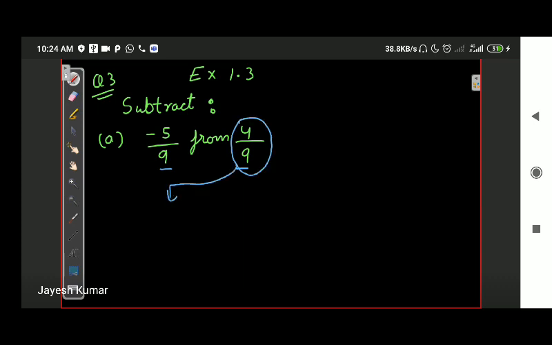So you have 4 by 9 minus, the number before from comes after the sign of negative, minus is the subtraction sign, and minus 5 by 9. Okay, this minus outside the bracket is different from the minus given in the question.